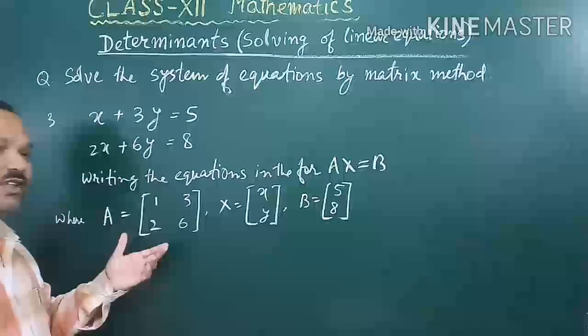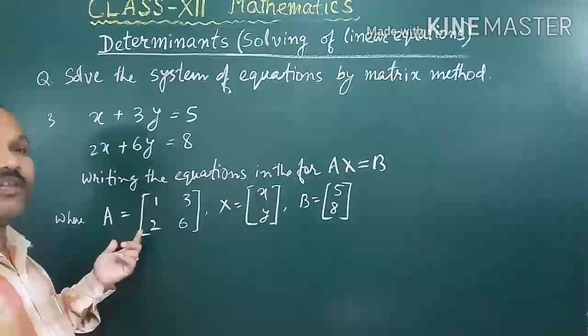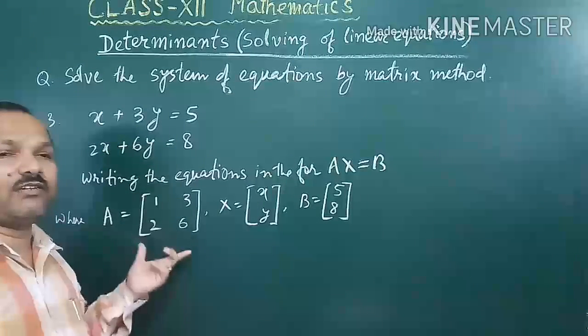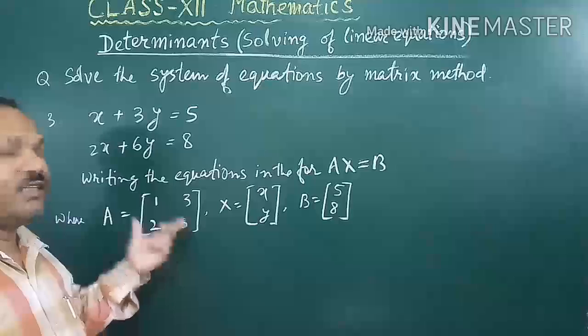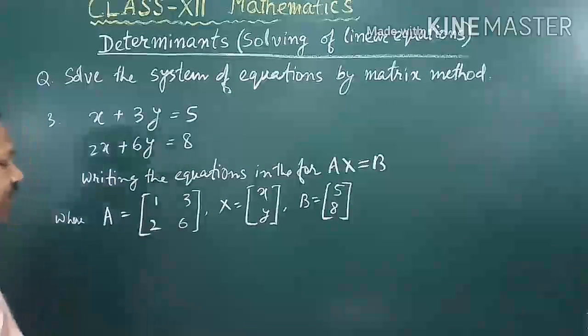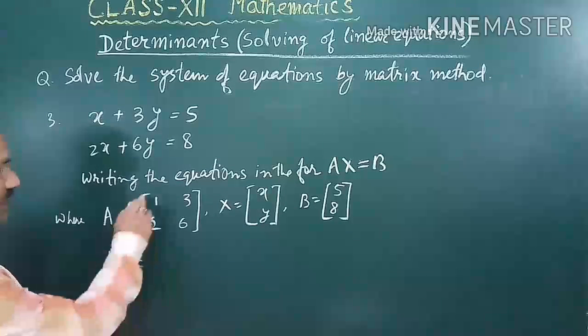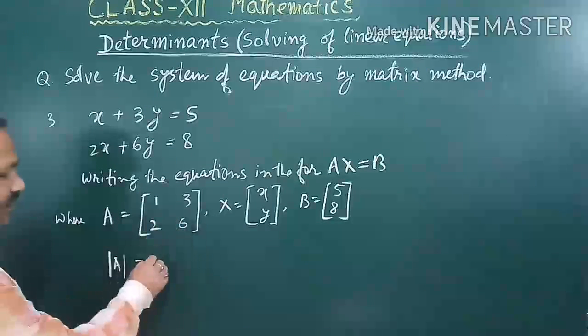Okay. So now whether it is consistent or not, how to check? If the determinant of A is non-zero, then only it is consistent, and if the determinant of A is 0, then it is inconsistent. Okay. So we will check that the determinant of A is 6 minus 6, it is 0.